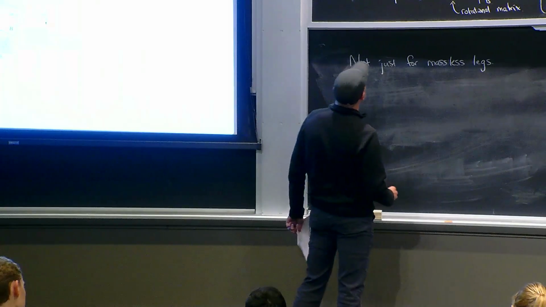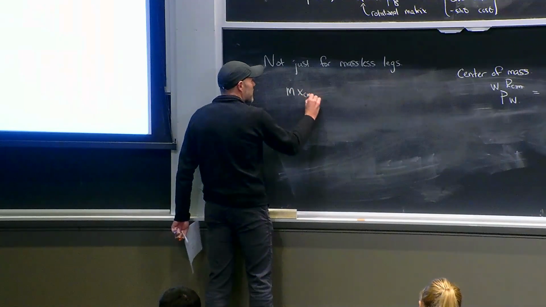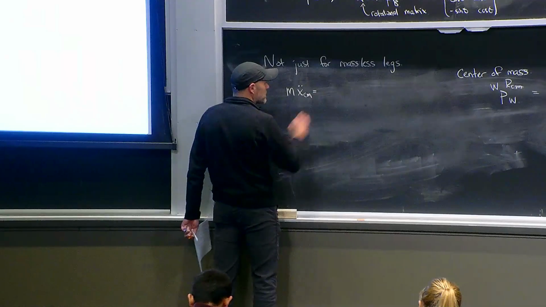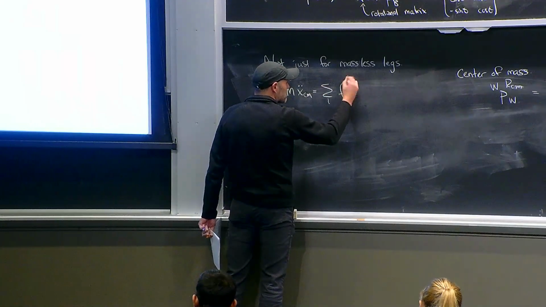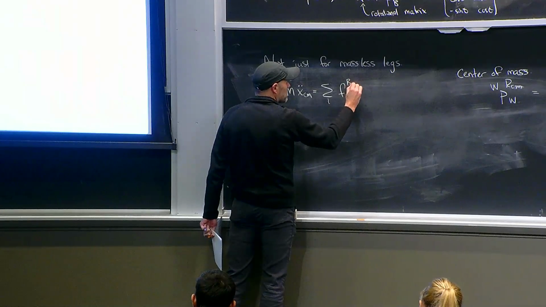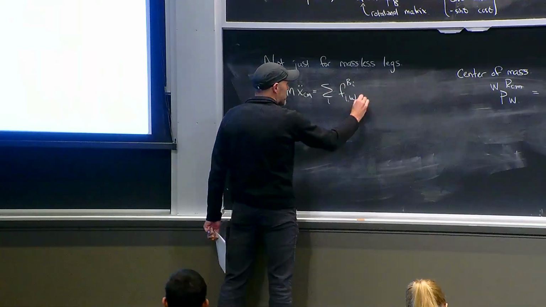It turns out that if you just write the x center of mass of the whole robot, then guess what? It's still the sum of all the forces applied on different bodies, expressed in the world frame, the x component.